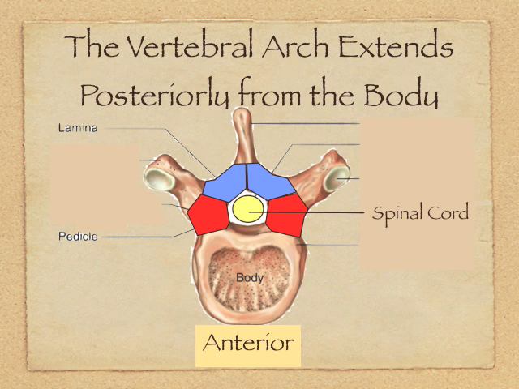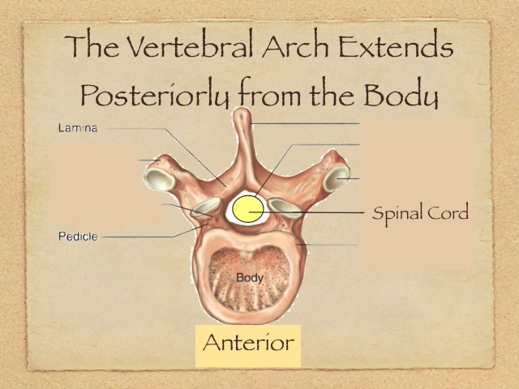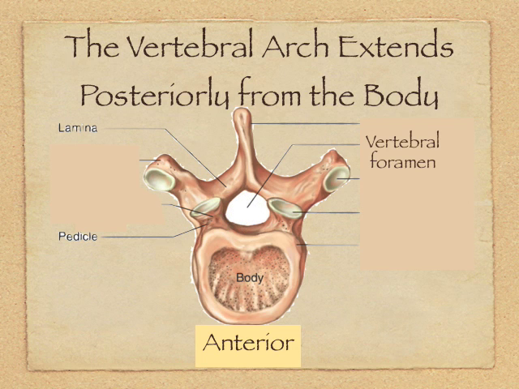When you stack all the bodies together into a vertebral column, you then have a tube-like cavity running down through that area. And if we just take that out of there, you can see that this hollow space right here is called the vertebral foramen, and that is where the spinal cord is, and that is created by the arch.